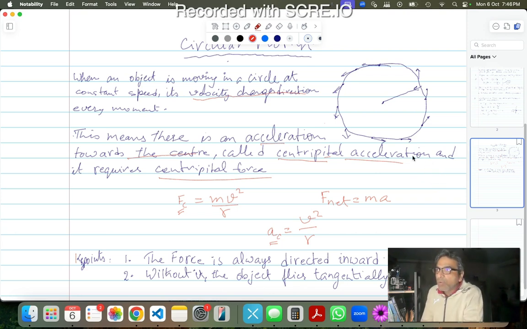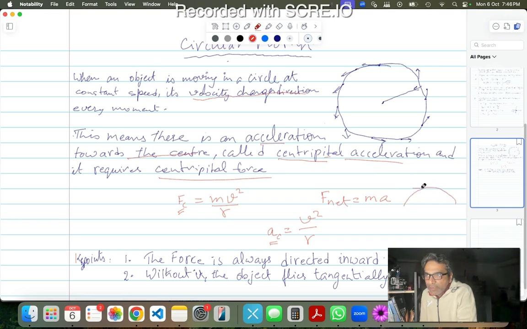Let me draw something if I can. Okay, never mind. So tangent means the edge of the circle. Let's say this is a half circle.